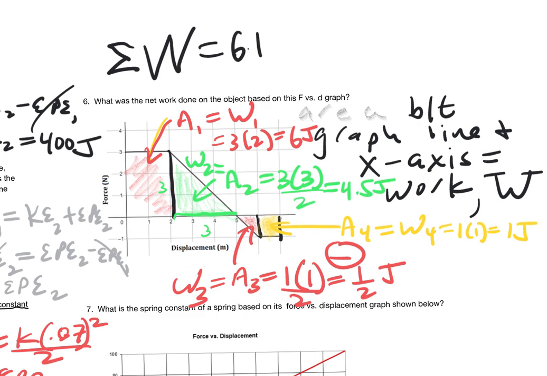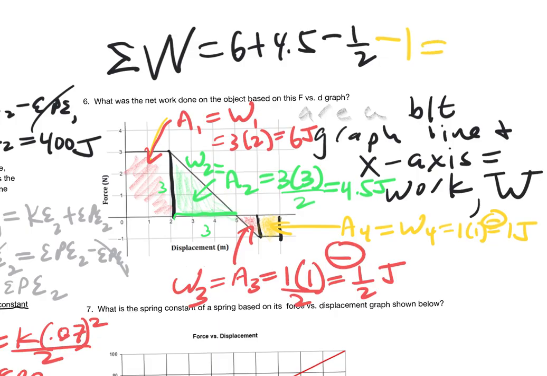So 6 plus 4.5 minus 1/2. I forgot to put the negative on this guy because he's underneath the x-axis too, plus a negative 1. So 6 plus 4.5 minus 1/2 minus 1.